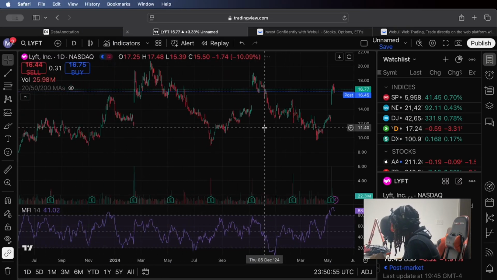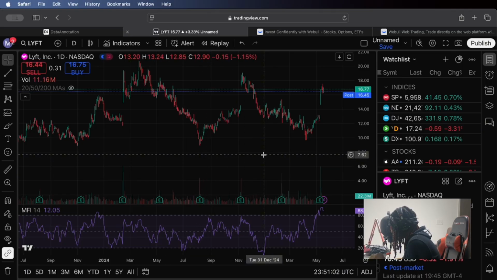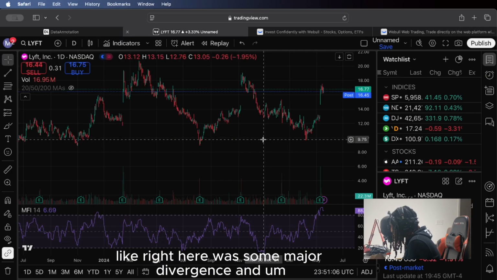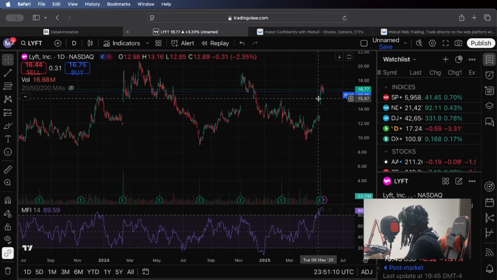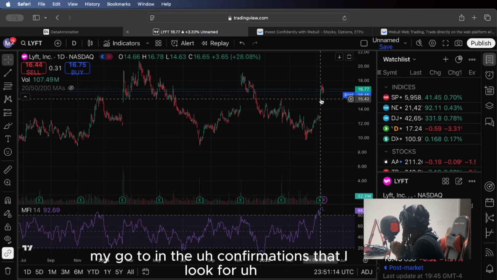There were many different levels where it showed some divergence. Like right here was some major divergence, and divergence is one of my go-to confirmations that I look for.